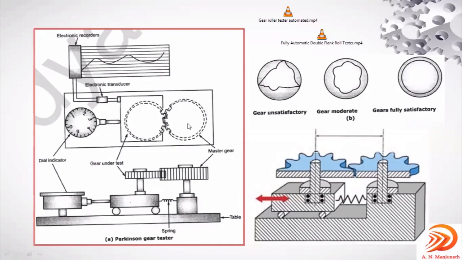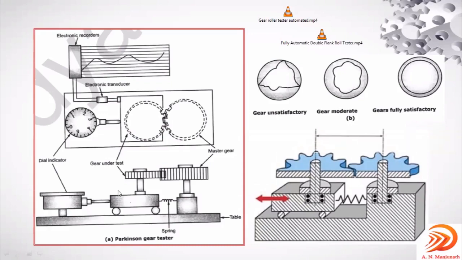See this, as the master gear rotates and meshes with the gear which needs to be inspected, which is under pressure from this calibrated spring, the movement of the sliding carriage is indicated by the dial indicator.